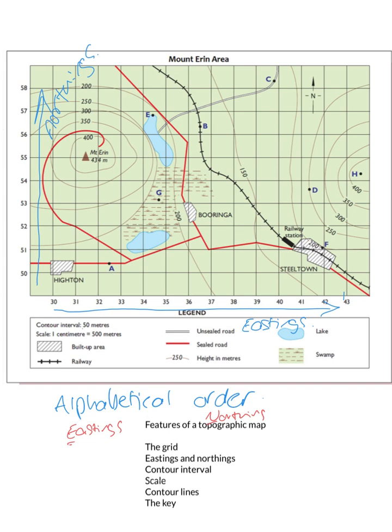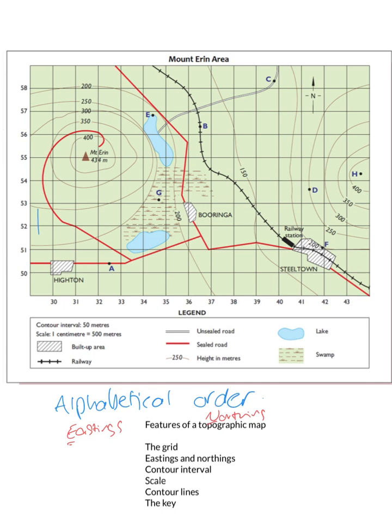The next thing I want you to pay attention to is the contour interval. Sometimes it's written on the map, so go and look for it. On this map, it's 50 meters. What that means is that these numbers here are all going up and down by 50 meters.